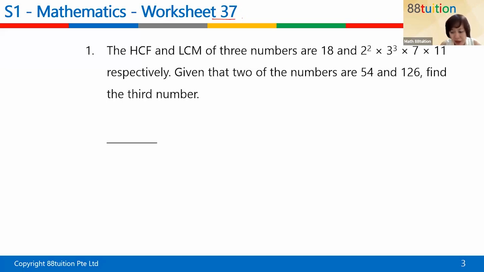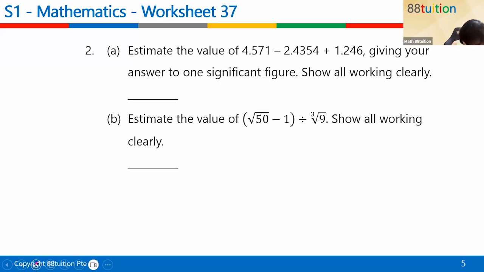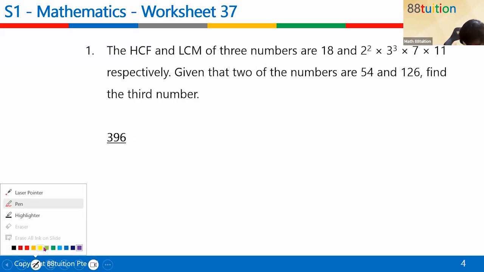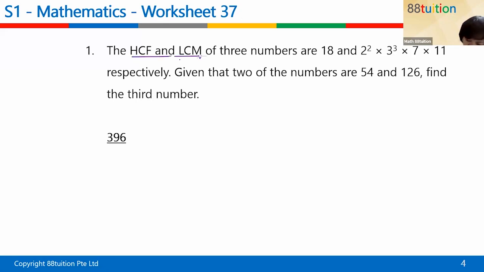Okay, so I have here the HCF and also the LCM of three numbers, 18 and this respectively, and you are given two of them, 54 and 126.